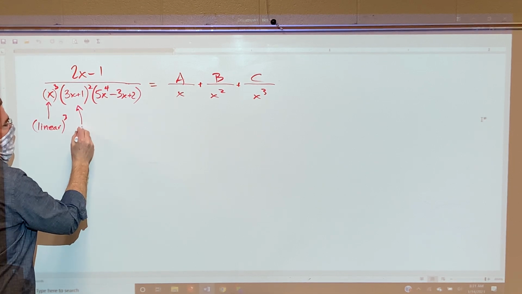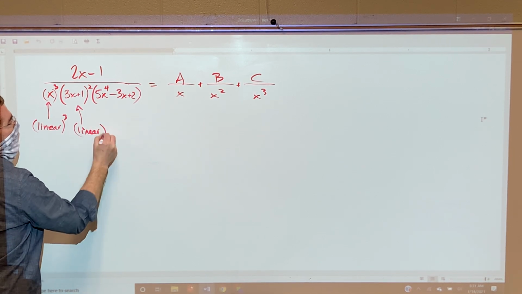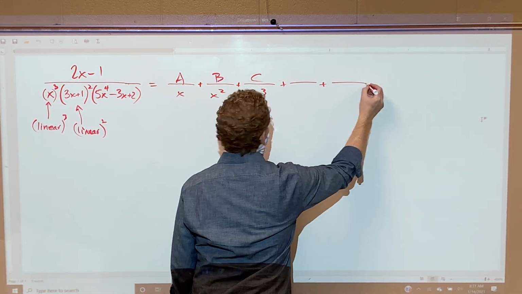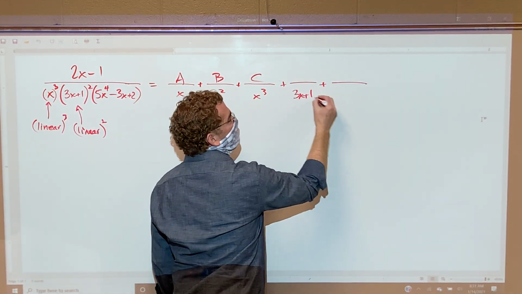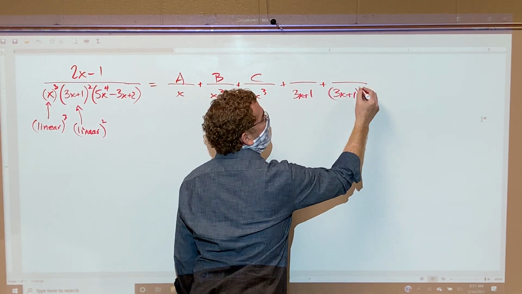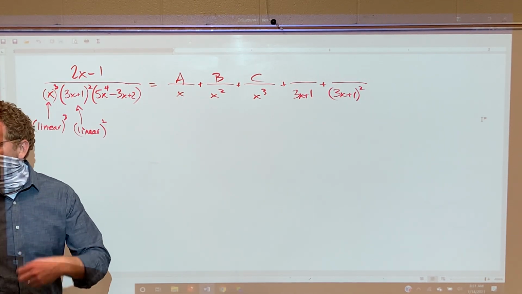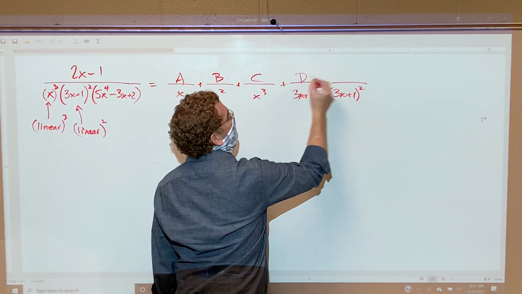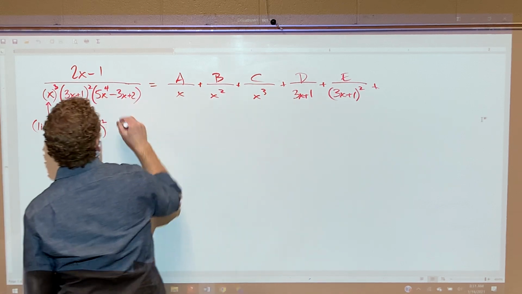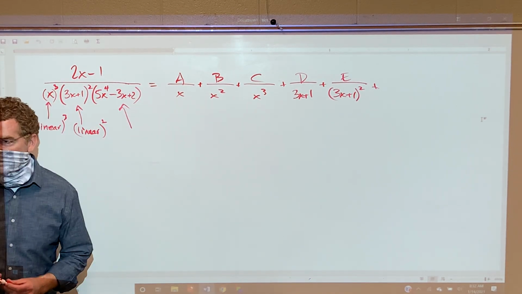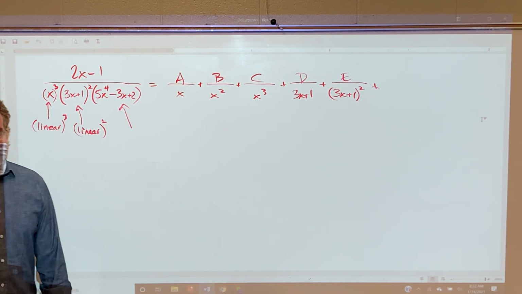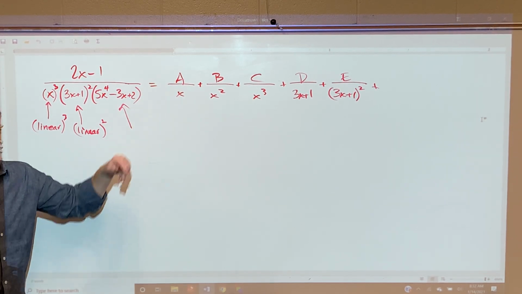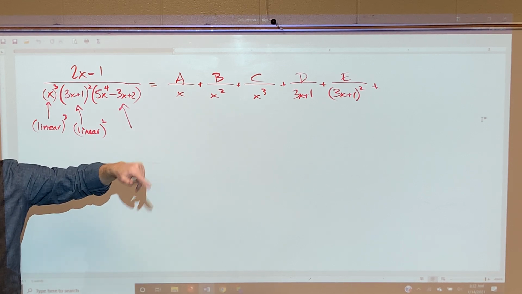This is a linear squared. So again, linear, linear, 3x plus 1, 3x plus 1 squared. And since they're linear, what goes in the numerator? Constant, constant, D, E. But this is a what? A quartic. And since it's a quartic to the first, then I need a quartic factor, but what would be in the numerator?